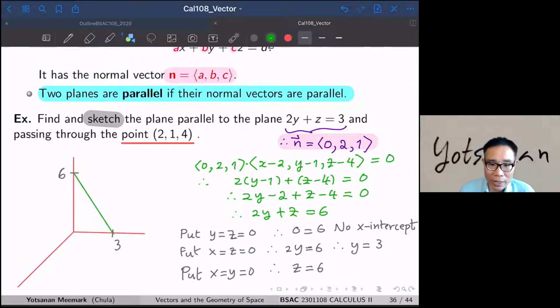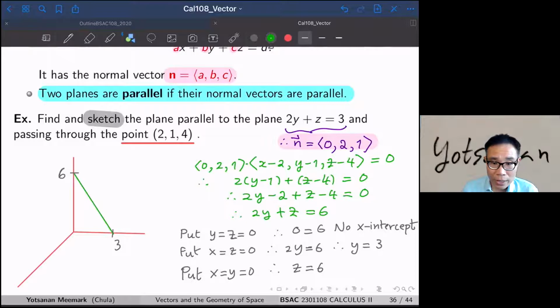It's the plane that doesn't pass through the origin. So it's going to be the plane that is along this line. You need the shape of the curve a little bit here.